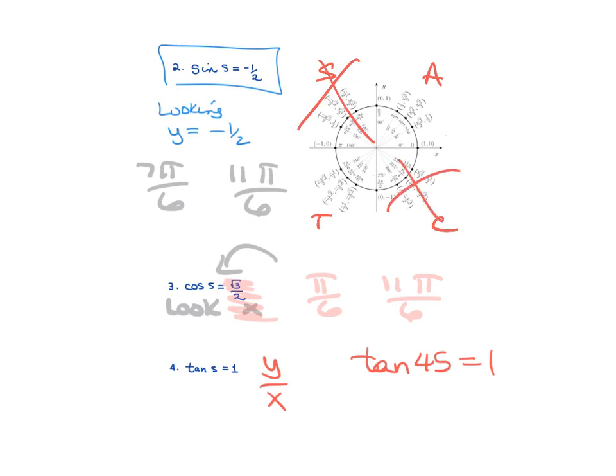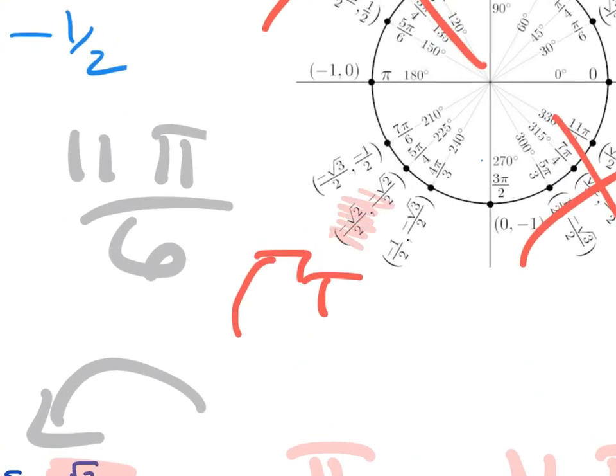And I'm looking to see, here's my 45. So as soon as you see it's a 45-degree reference angle, I'm looking for the one that has the denominator of 4. But if you think about it, this ordered pair, root 2 and root 2, anything divided by itself equals 1. So whenever you see tangent or cotangent equaling 1, you should realize your reference angle is 45. Because the only way to get a 1 is to divide those.